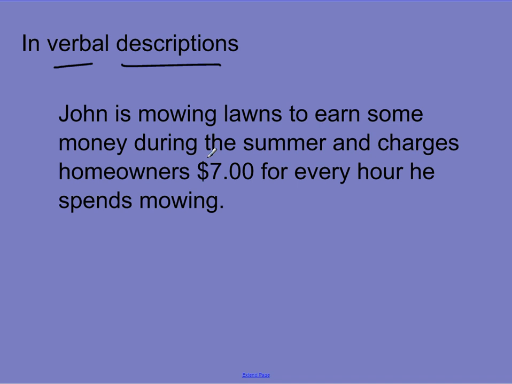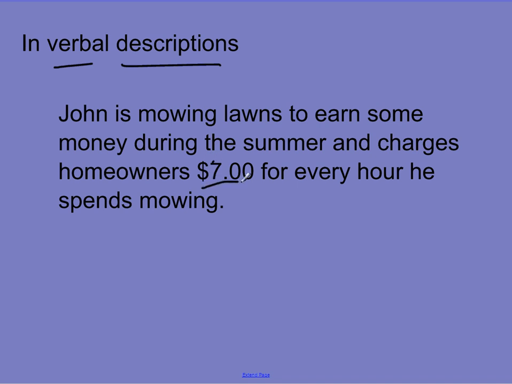Your constant of proportionality in a verbal description is what happens constantly every x. So every hour or every day or every box of tissues. For example, a box of tissues could be $3 each. So your constant of proportionality would be $3 for every single box of tissues.